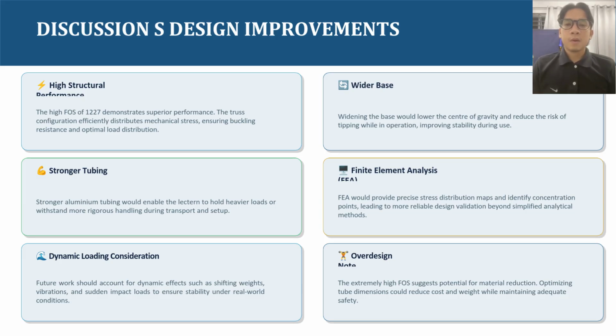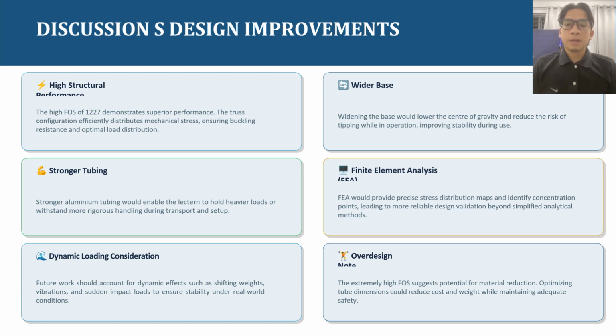So let's discuss what these results mean, alongside potential design optimization. The high factor of safety of 1227 demonstrates superior structural performance and confirms that the truss configuration successfully limits buckling and safely distributes loads. However, this also shows that the structure is significantly over-designed. To optimize weight and cost, future iterations could reduce the tube dimensions while still maintaining a perfectly safe structure.